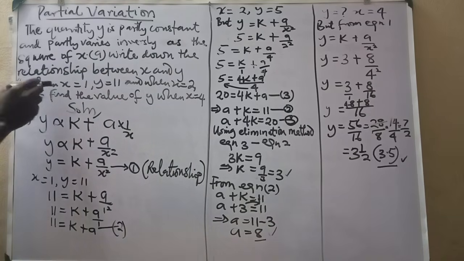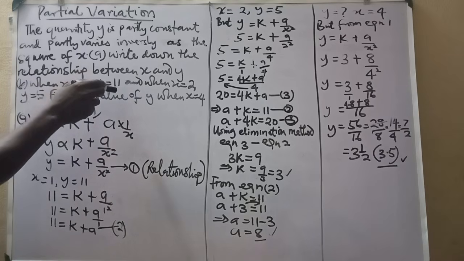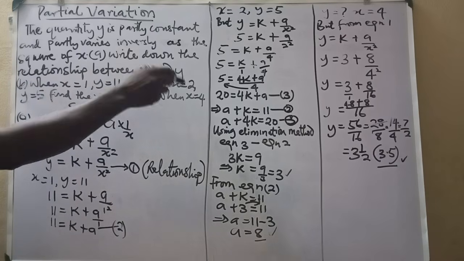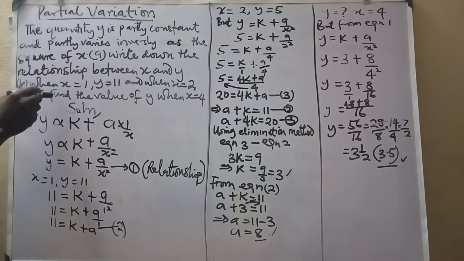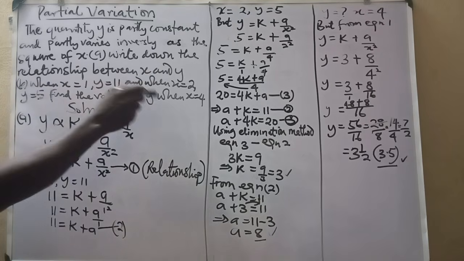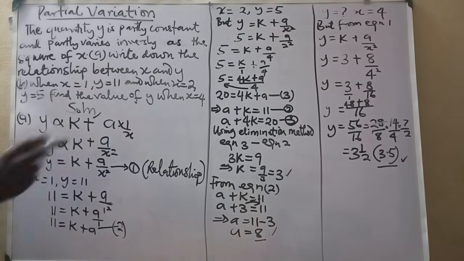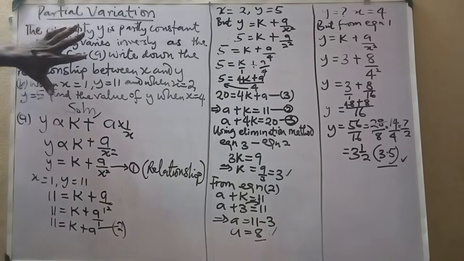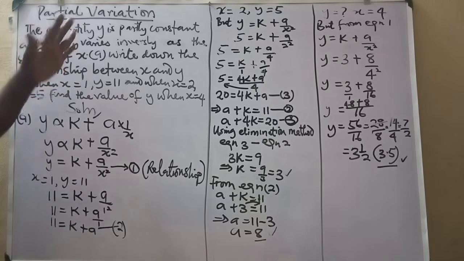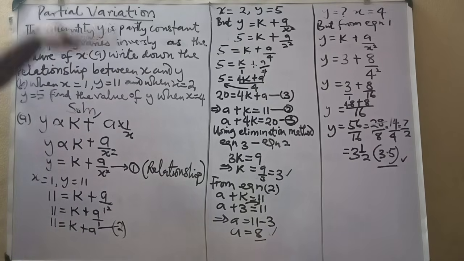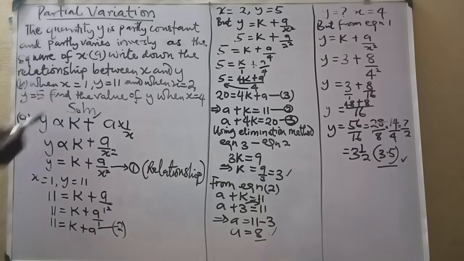B: when x is 1, y is 11, and when x is 2, y is 5. Find the value of y when x is equal to 4. Anytime you see such a question, know that they're asking you a question on partial variation, and it has a very simple approach. See our solution here.